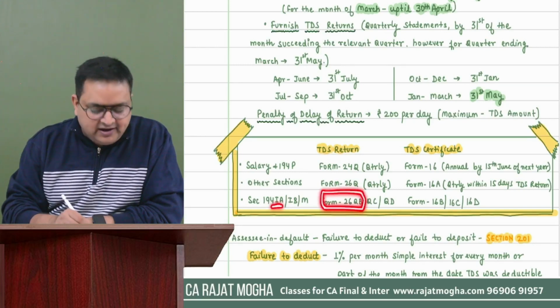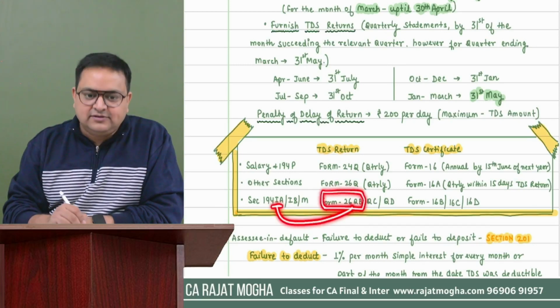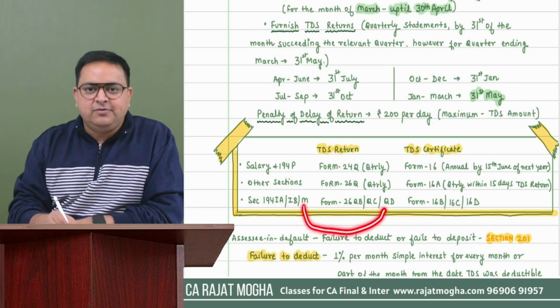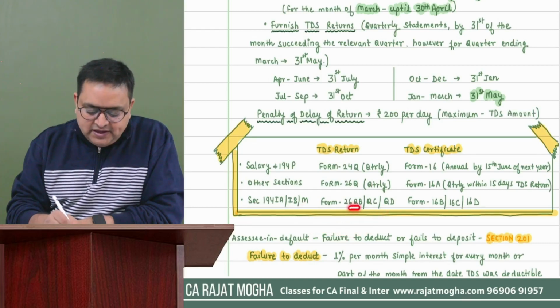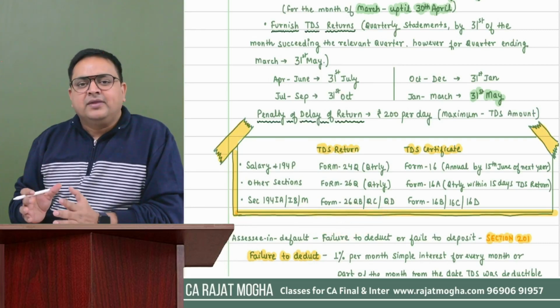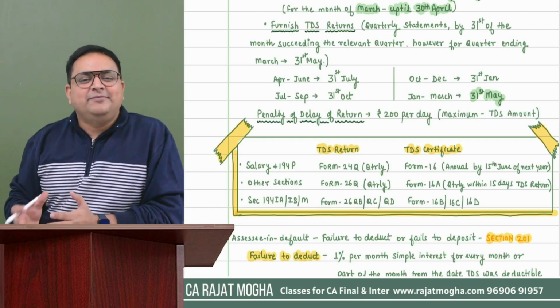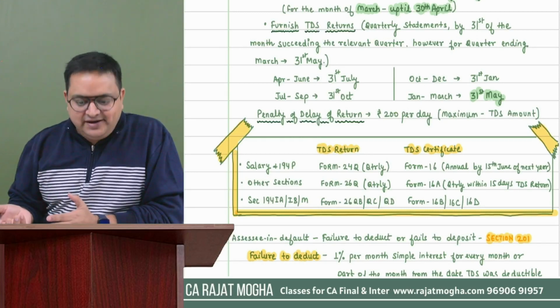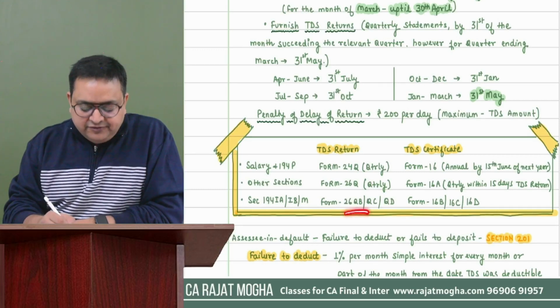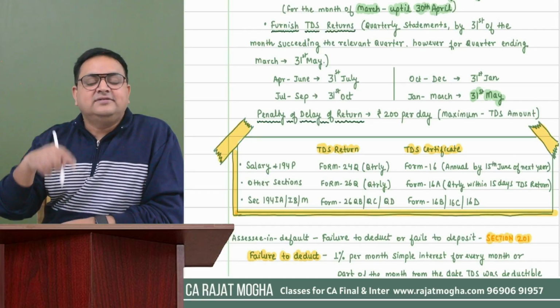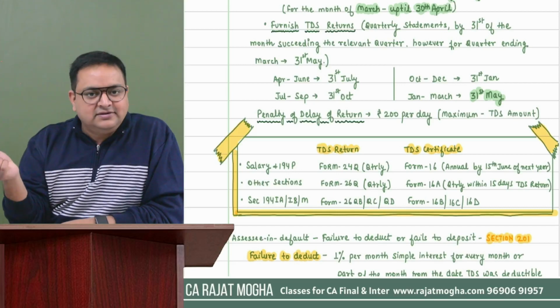For IA it is 26QB, for IB it is 26QC, and for 194M, which I'll be discussing, it would be 26QD. So QB, QC, QD is a very simple TDS return. In fact, we don't have to file this TDS return separately. It is challan cum return, right? And afterwards, you have to issue the TDS certificate also. Here you will be issuing the TDS certificate to the seller because you have deducted his TDS, right?